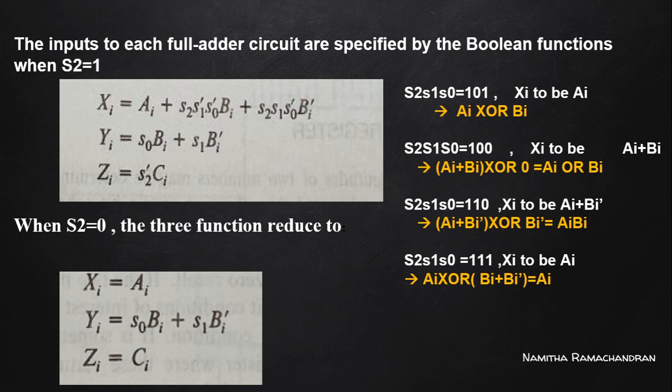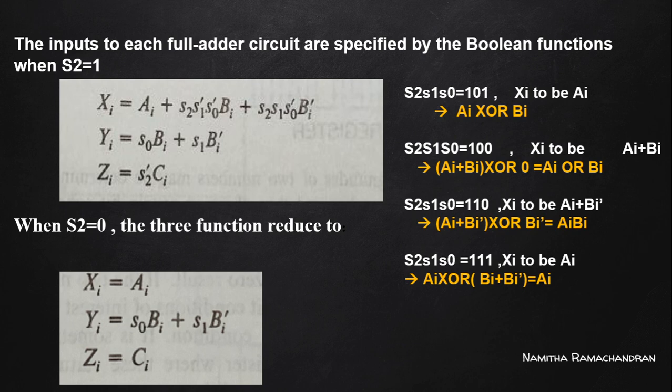So all four expected logical operations are possible with this given expression. Xi is Ai plus S2 and S1 complement and S0 complement Bi, plus S2, S1, S0 complement Bi complement. And Yi is S0 and Bi plus S1 and Bi complement.